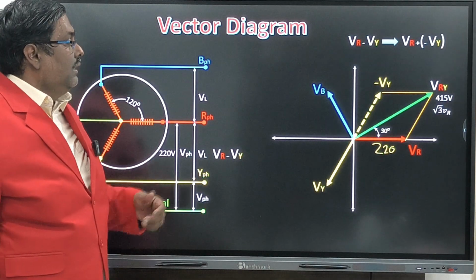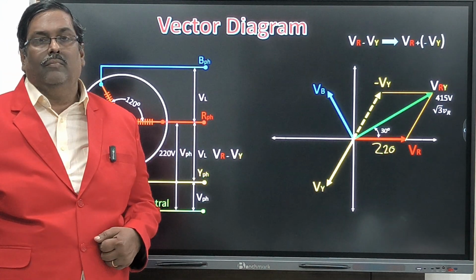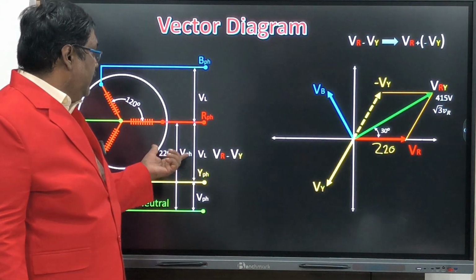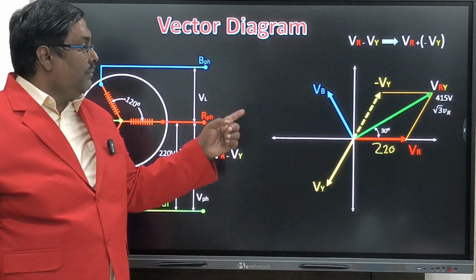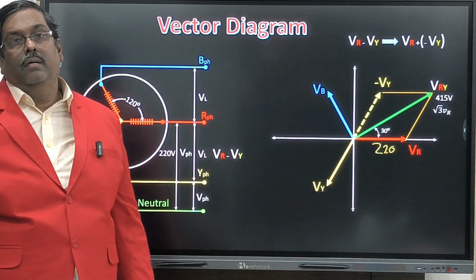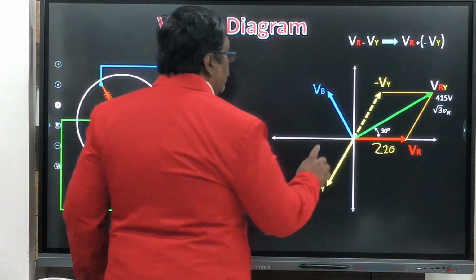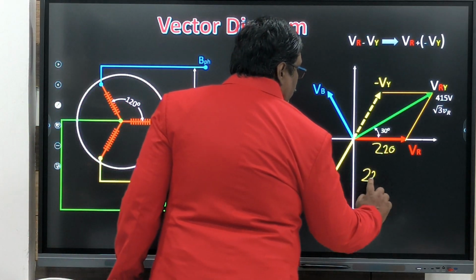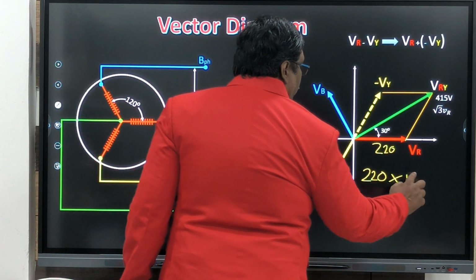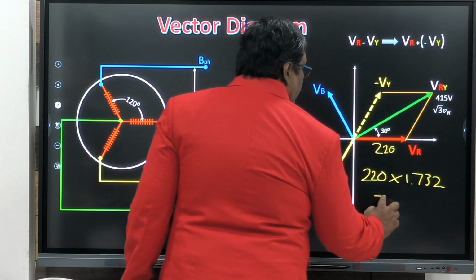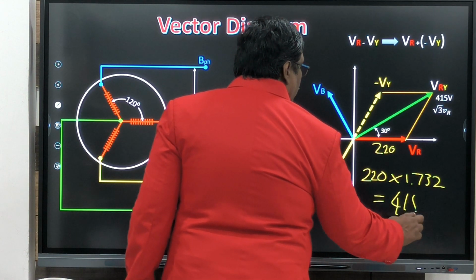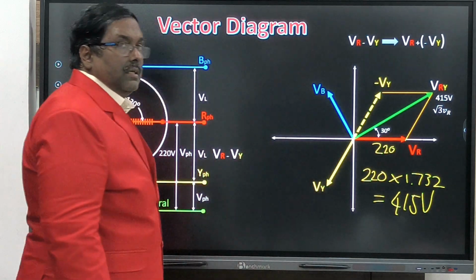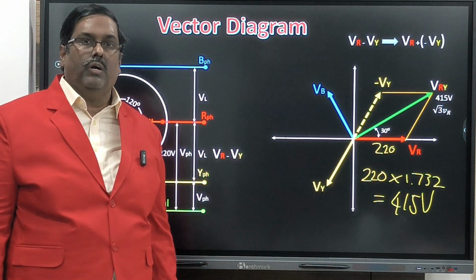Root 3 VR means what? Your 220 volt, the normal volt, the red phase volt. The red phase volt is 220 volt. So you have to multiply by root 3. You will get 220 into 1.732 equal to 415 volt. That is why it comes to 415, not 440.